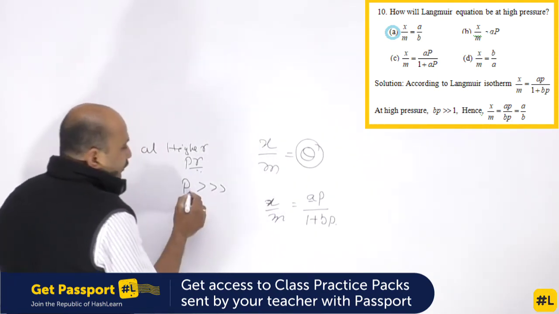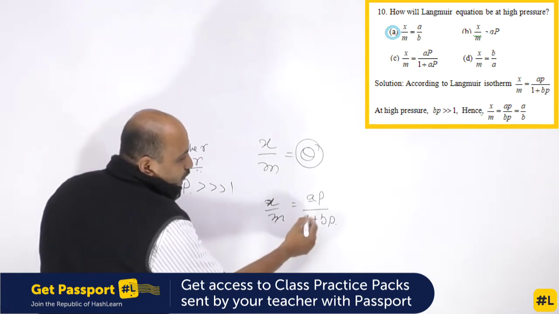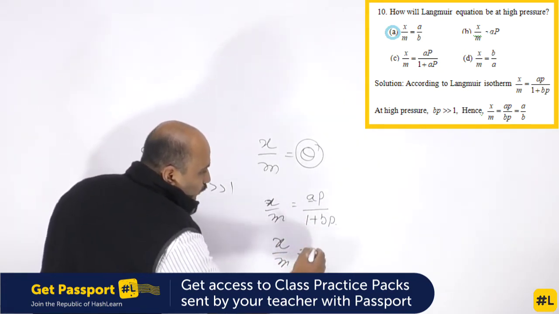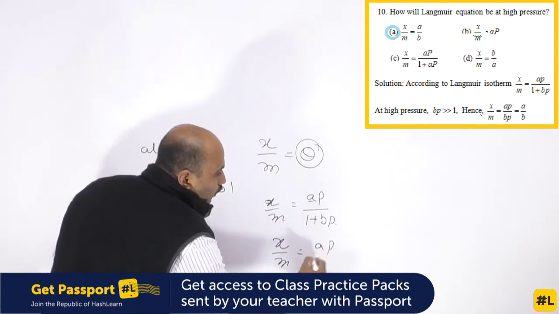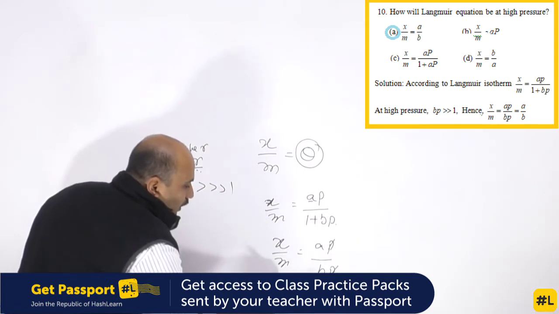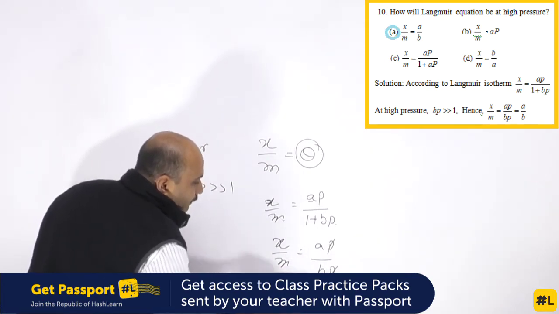Now if the pressure becomes greater than 1, this becomes x by m equal to AP over BP. Thereby, the pressure cancels, and x by m is equal to A by B.